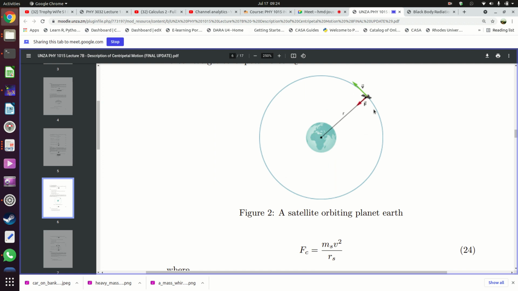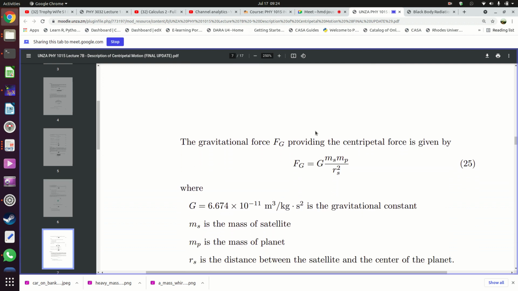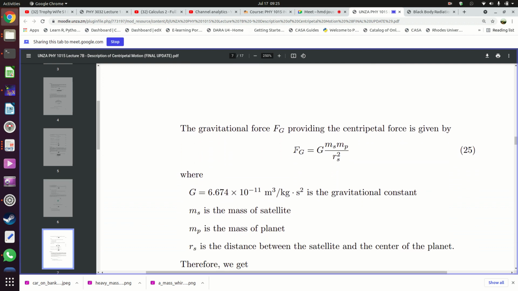There is also the satellite, which has its own mass, ms. Then there's the mass of the Earth, which is a planet or some big body bigger than the satellite. So in this case, your force of gravity can be written as G, the gravitational constant, multiplied by the mass of the satellite, ms, multiplied by the mass of the planet. It can be Earth or any other planet where human beings have sent satellites.